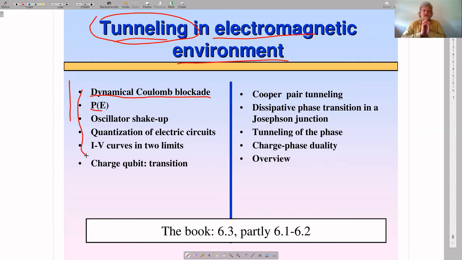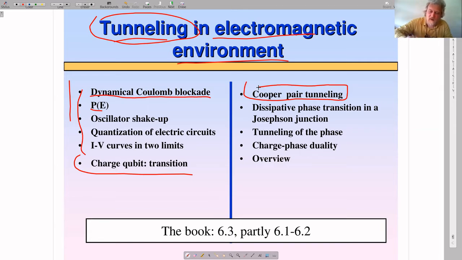Various kinds of tunneling. We will talk about tunneling in a charge qubit. We will talk about tunneling of Cooper pairs, which is the Josephson effect that we have considered. We will talk about tunneling of the phase, which we have also mentioned briefly once, macroscopic tunneling in a Josephson potential.